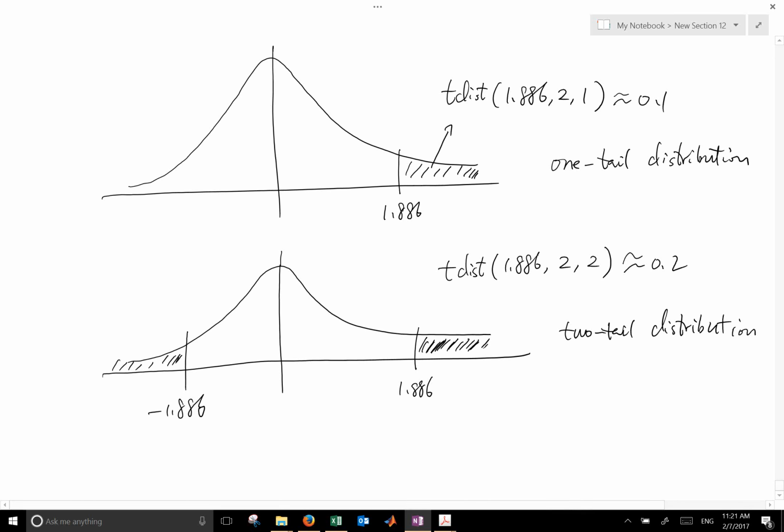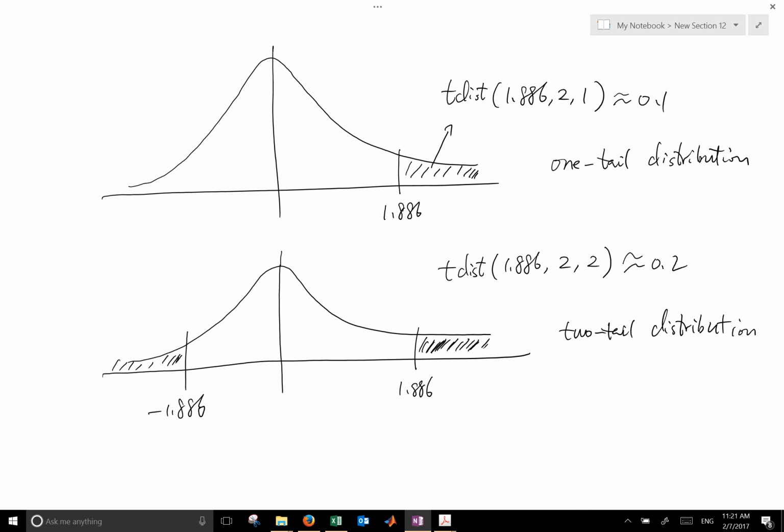Again, there are 3 parameters. This one is the location to calculate the upper CDF. The second one is the degrees of freedom. You can change the degrees of freedom to 10, 11, or 12. The third one specifies whether I want both tails or only 1.